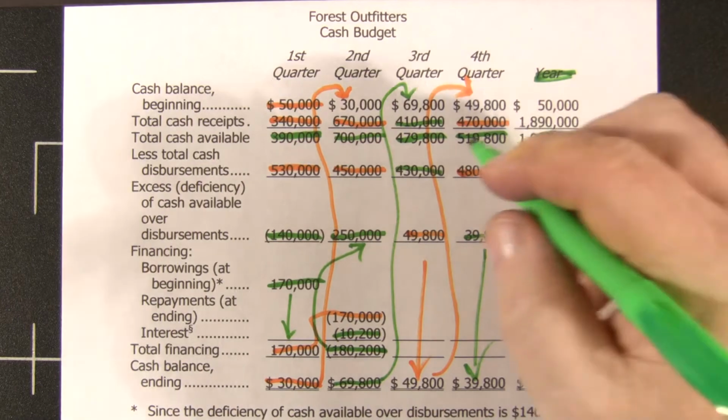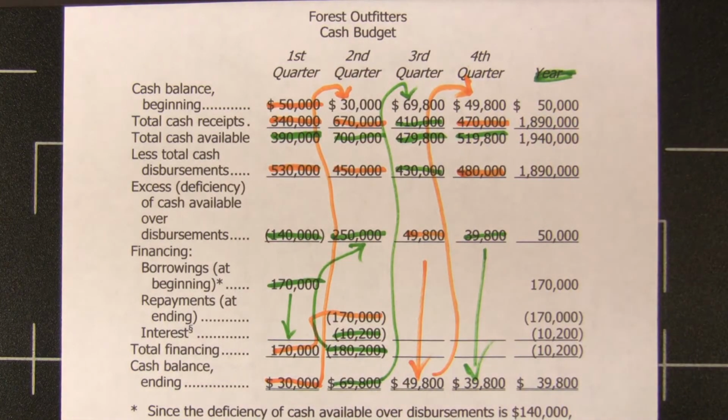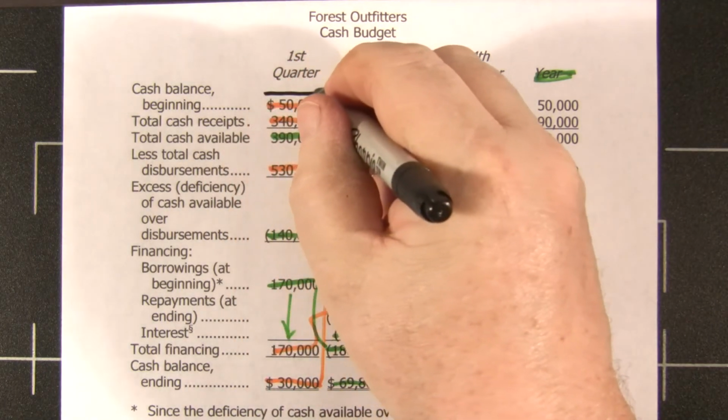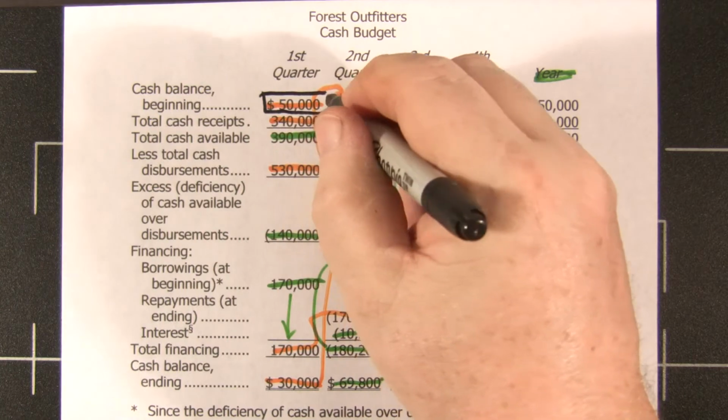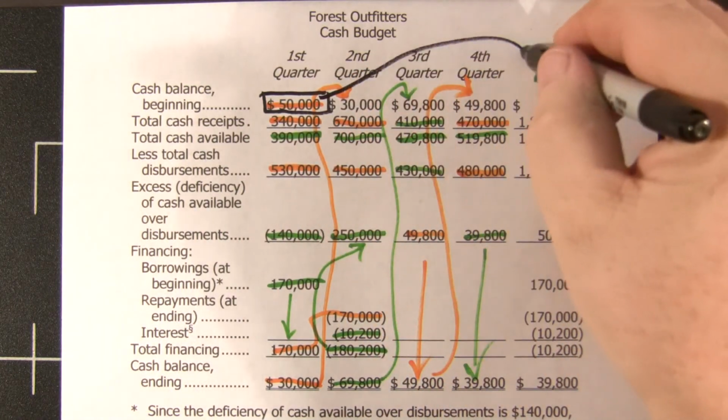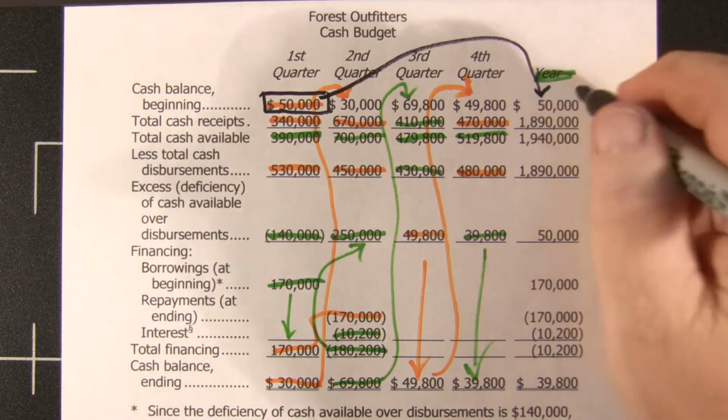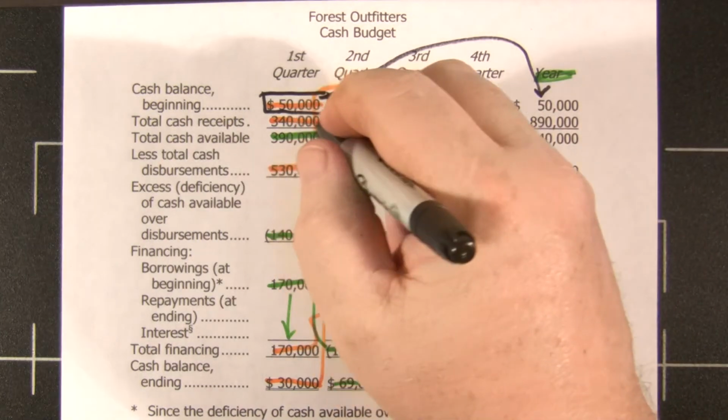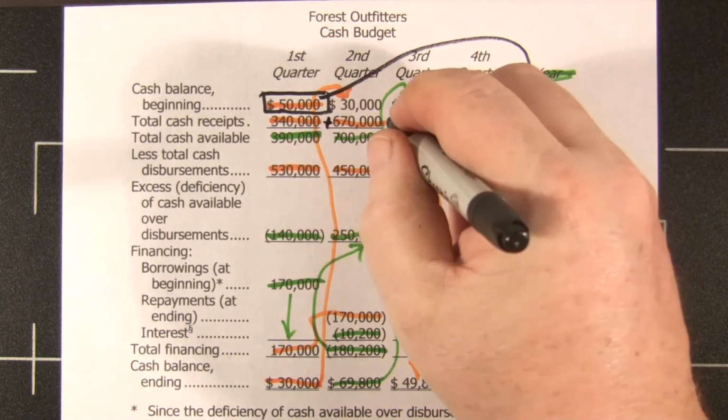This year we began with $50,000, and this is where people often make mistakes. We have to bring in the $50,000 that we started this year with. We need to add the total cash receipts.